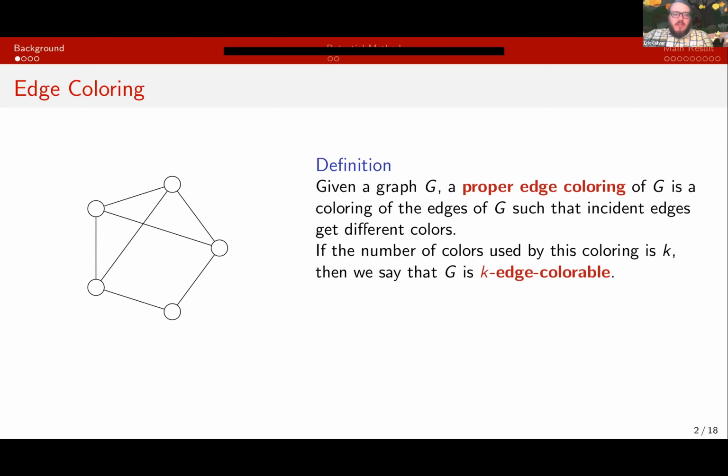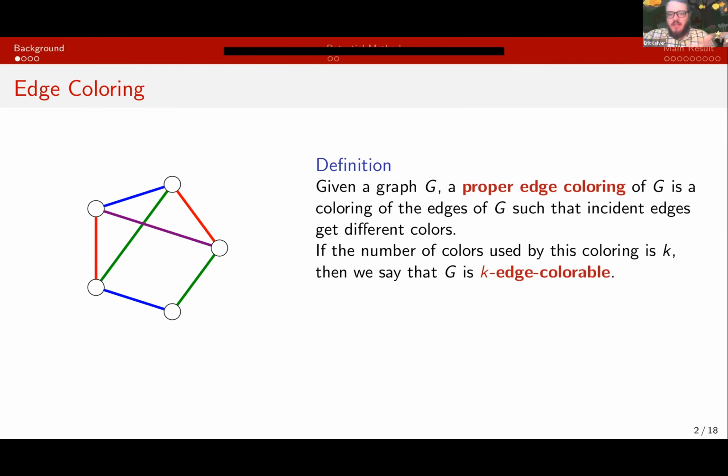And so there is a graph here on the screen, and I can color the edges using these four colors to give it a proper edge coloring. And so since this uses four colors, it is 4 edge colorable.